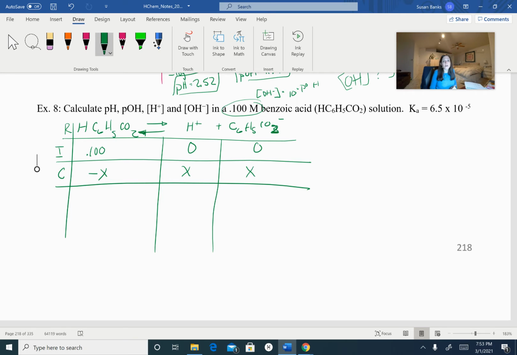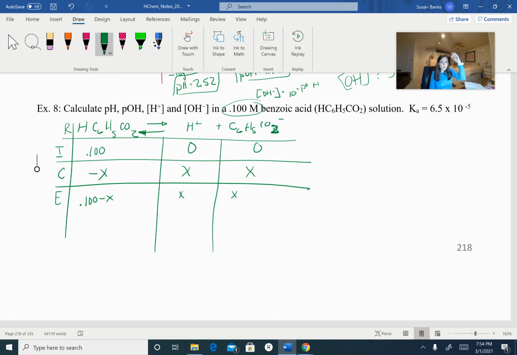Now our equilibrium line is the sum of our initial concentration and our change in concentration. So 0.1 plus a negative X is really 0.100 minus X. 0 plus X is X, and 0 plus X is X. The next thing we've got to do is create our equilibrium constant expression.